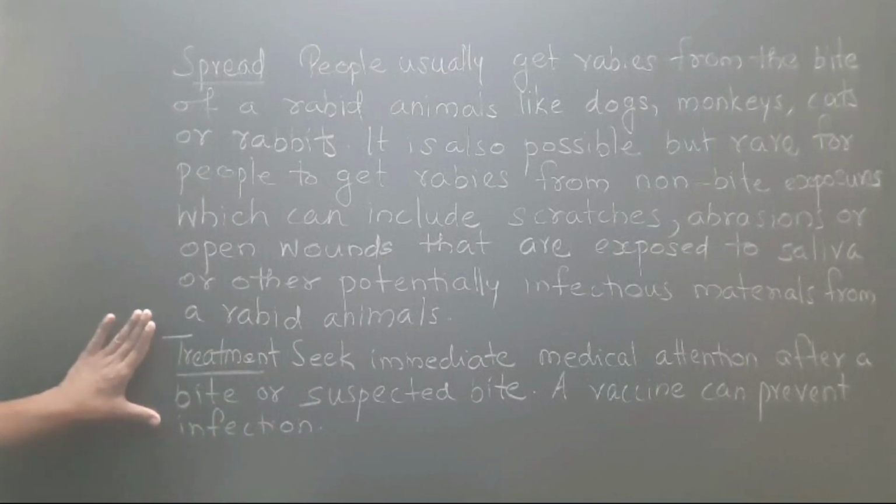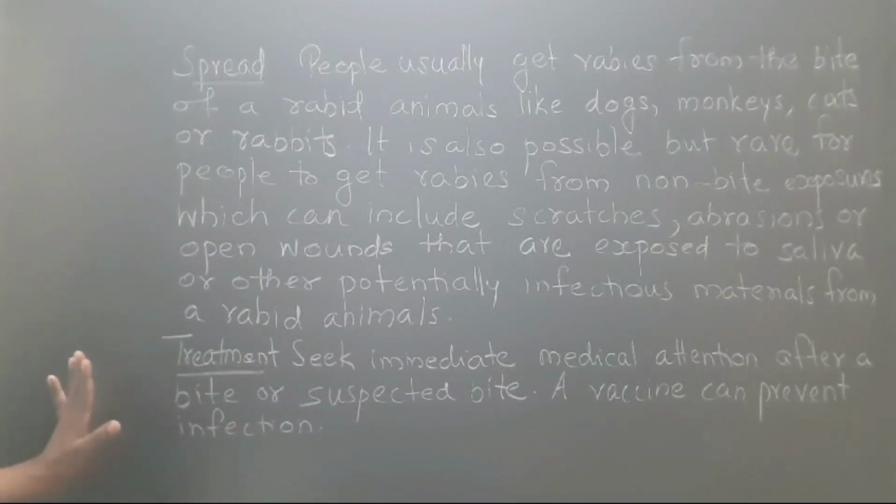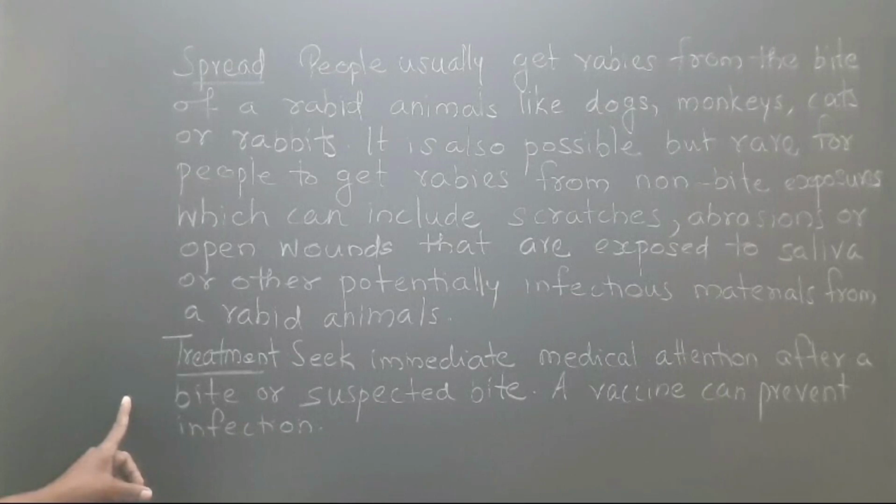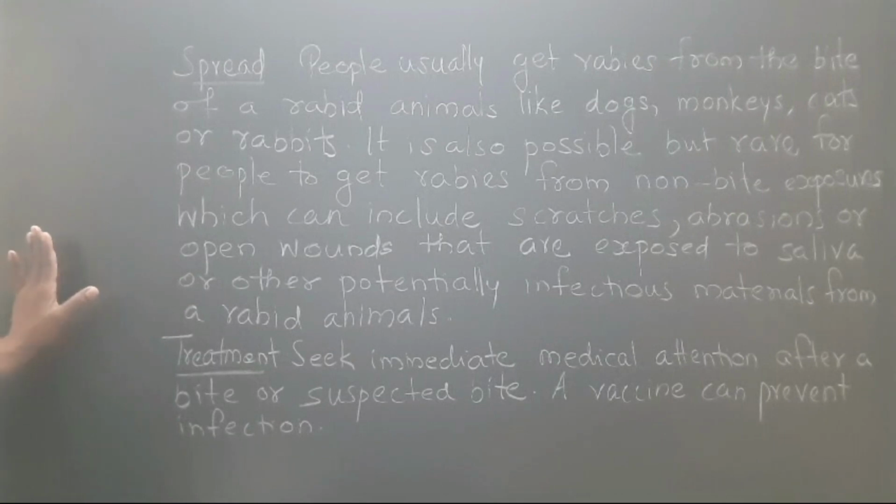We don't know whether the animal is infected or not, so we should immediately go to the hospital and take the vaccine so that we can prevent the infection. Once a rabies infection is established in our body, there is no effective treatment for this. It is nearly always fatal. That means no chance for us to be alive.